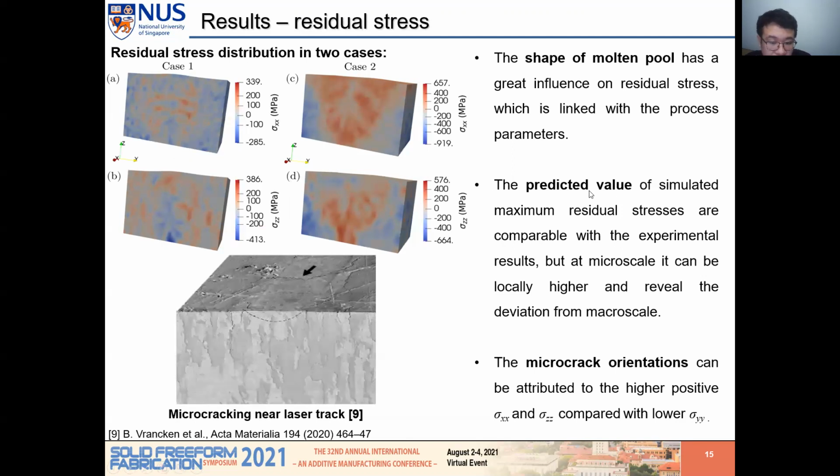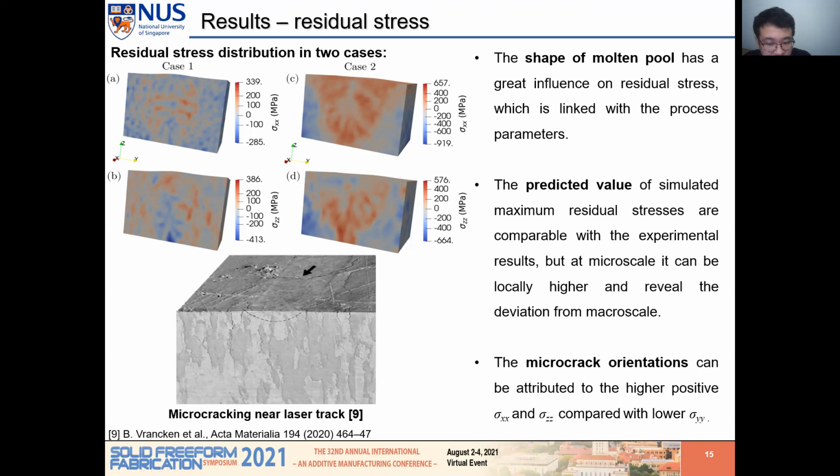At micro scale, the stress may be locally higher, revealing the deviation from grain to grain relative to the macro scale residual stress, which is an average. We find the stress components sigma XX and sigma ZZ are higher than sigma YY.